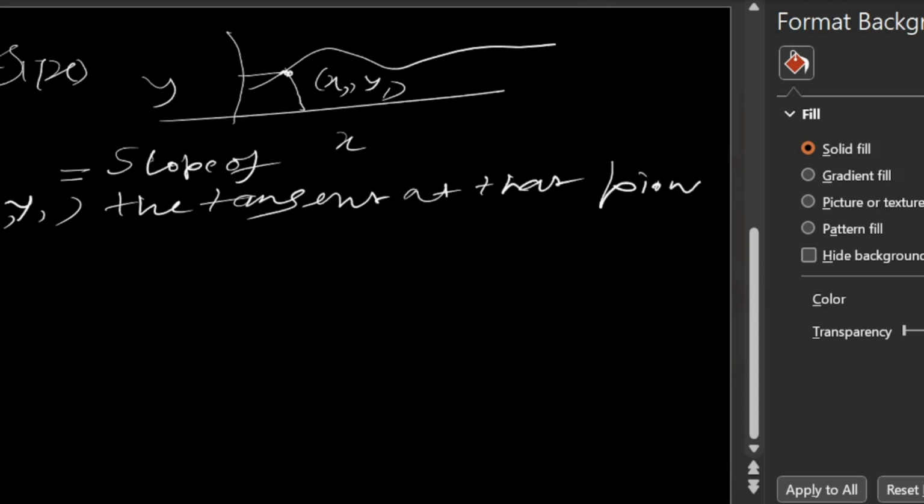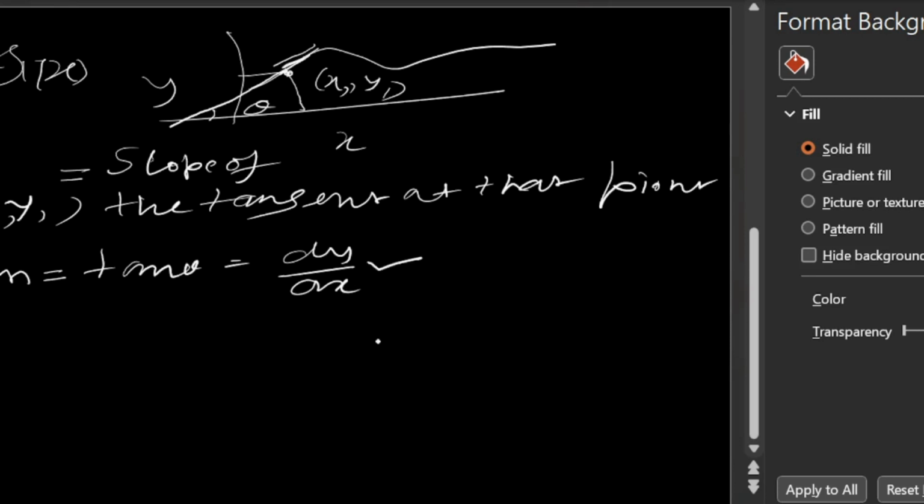So if you draw a tangent here at this point, and theta is the angle it makes with the positive direction of the x-axis, then m, which is the gradient of the slope, is equal to tan theta, is equal to dy by dx. So this is the physical meaning of the derivative with respect to x.